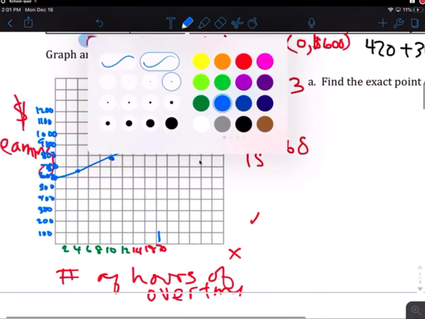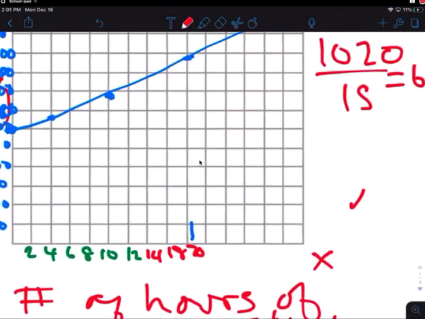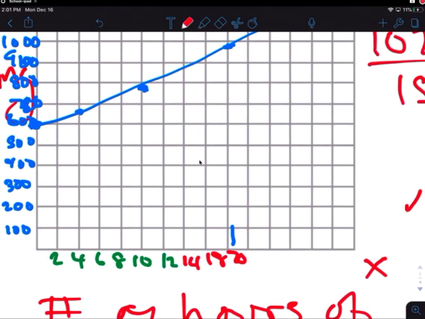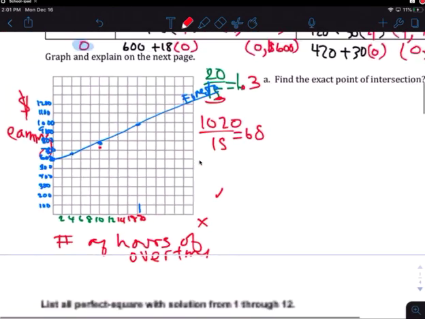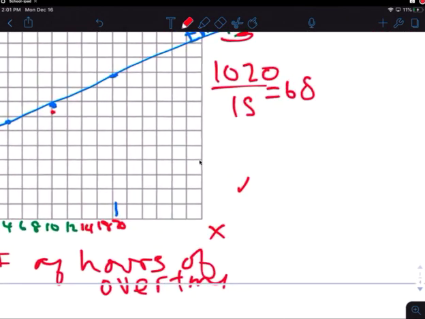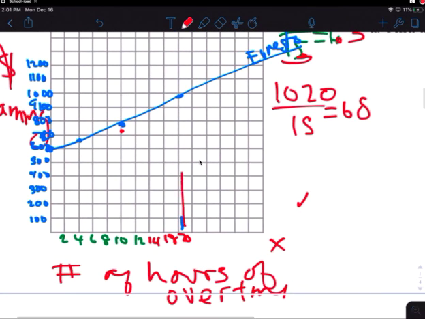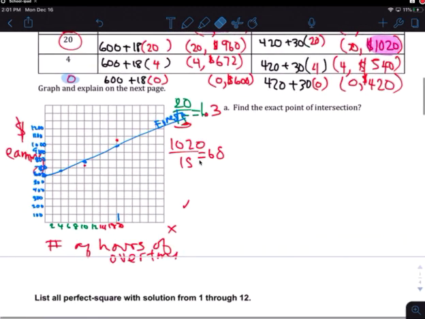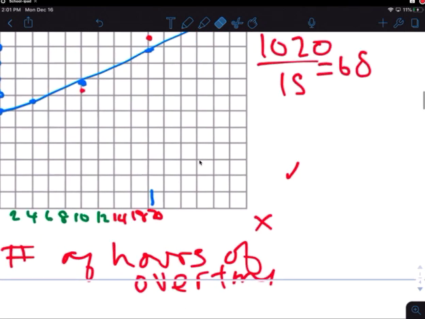Okay, Samuel is 10, 700. 20 and 1,020. 4 and 540.